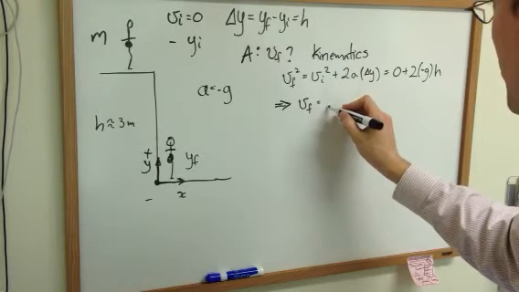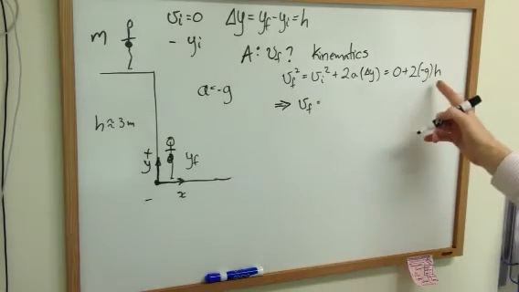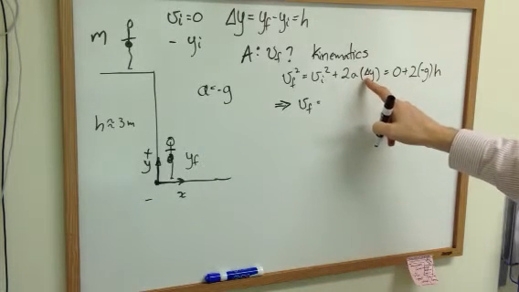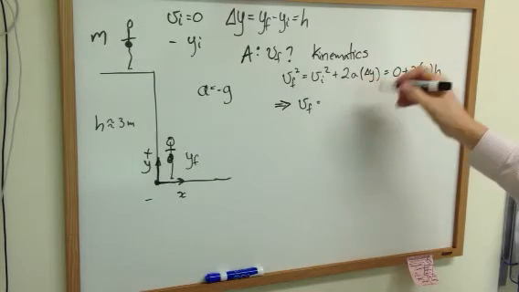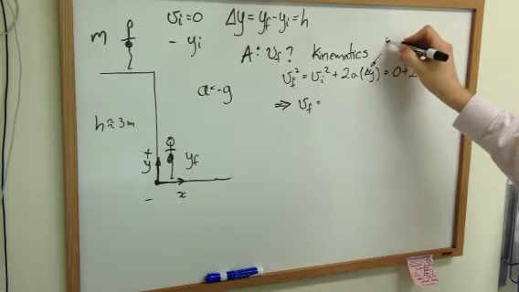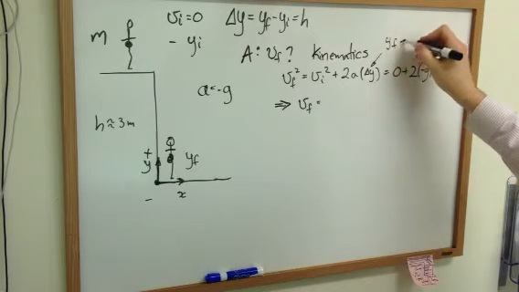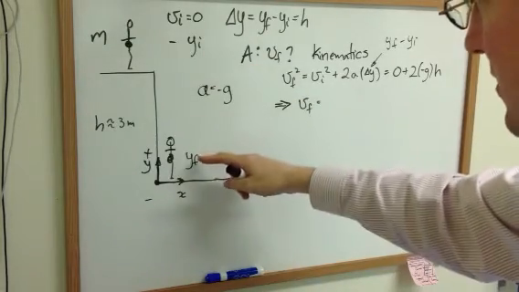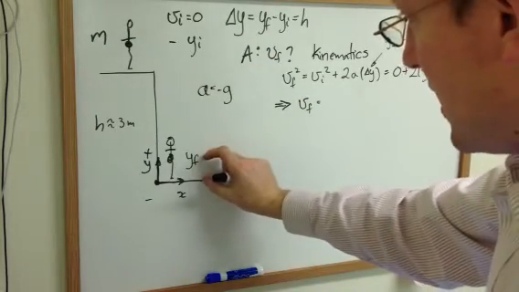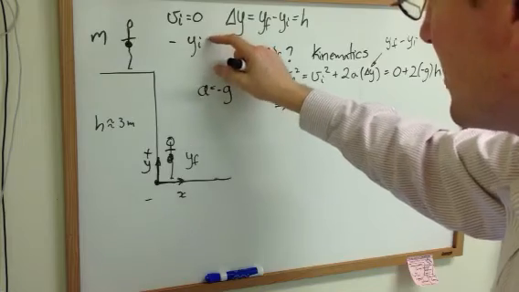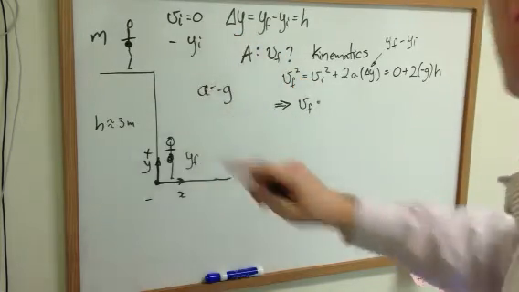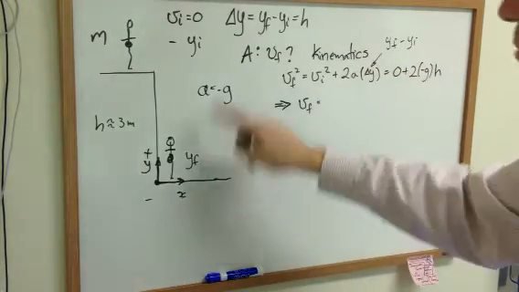So the final velocity, using the algebra, is, now let's look at this. Let's be careful. Change in position: y final minus y initial. Y final is a very small height. Y initial is very large. So his change in height is the final minus the initial.